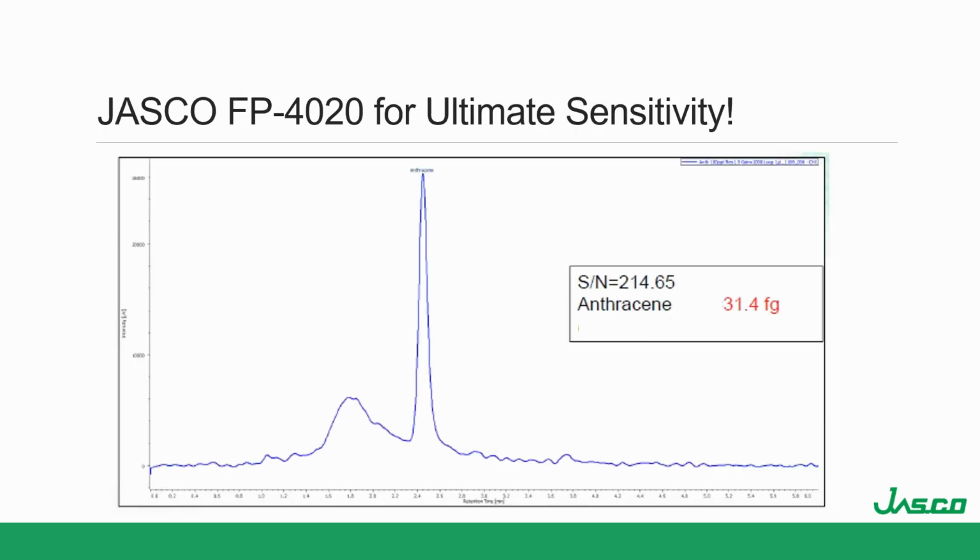So just to give you an idea of what kind of levels we're talking about, JASCO offers two fluorescence detectors for HPLCs and SFCs. This is our more sensitive one, the FP-4020. This is anthracene at 31.4 femtograms on column, achieved with a signal to noise of about 215.